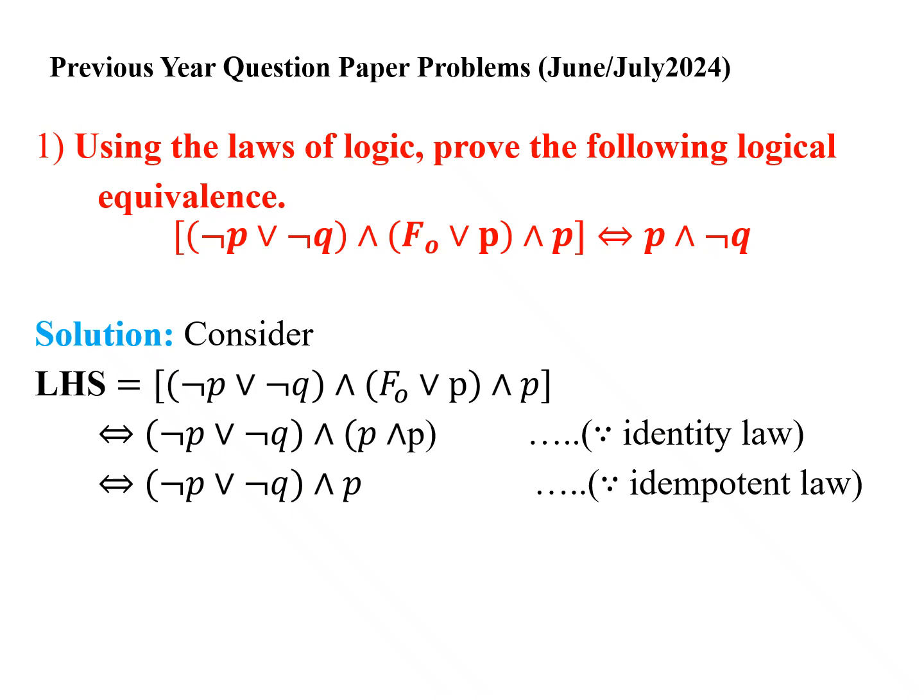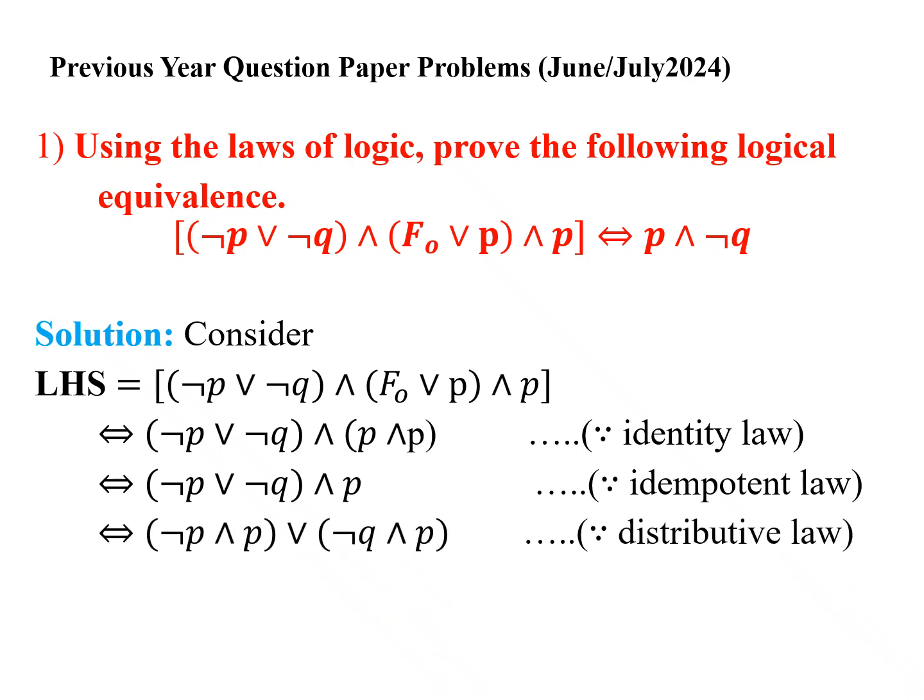So in the next step, which law are we going to use? Distributive law. So what is that? Negation of P and P, or negation of Q and P. This is the distributive law. Now in the next step, we are going to apply a law of logic for this part.